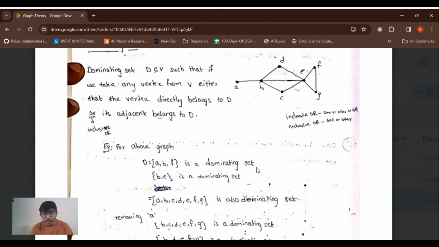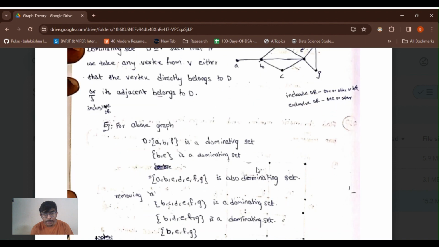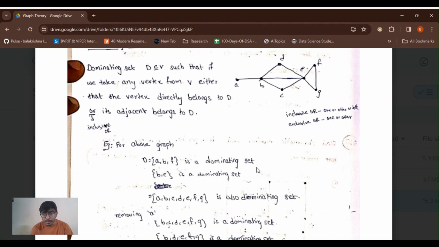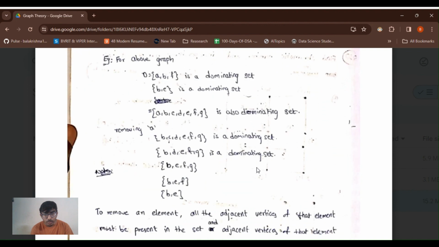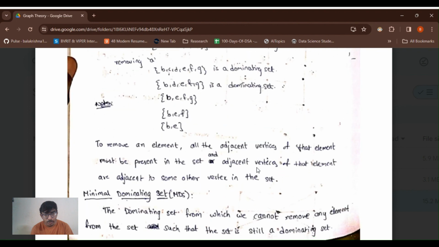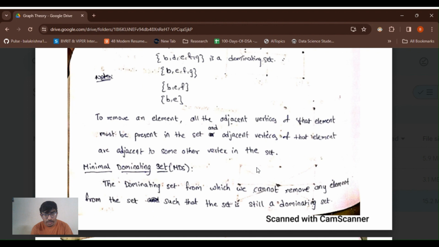So ABF is a dominating set, BE is a dominating set, and this is also a dominating set. To remove an element, all the adjacent vertices of that element must be present in the set, and they must be adjacent to some other vertex in the set.